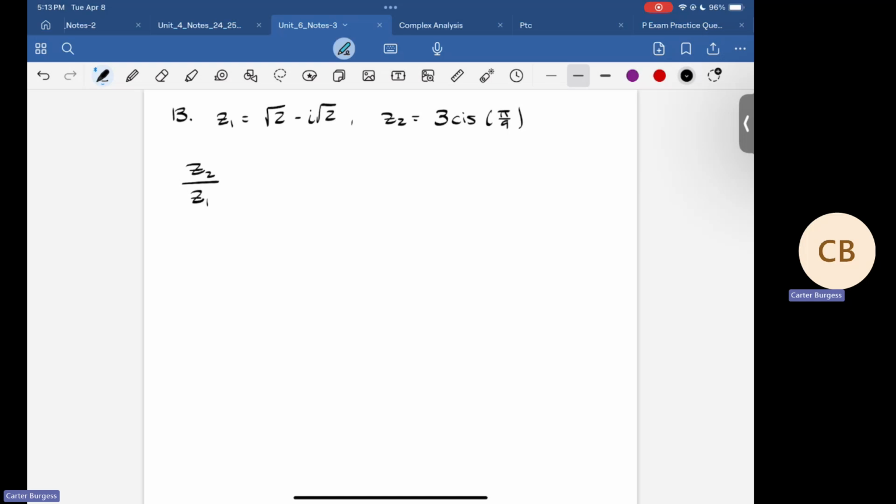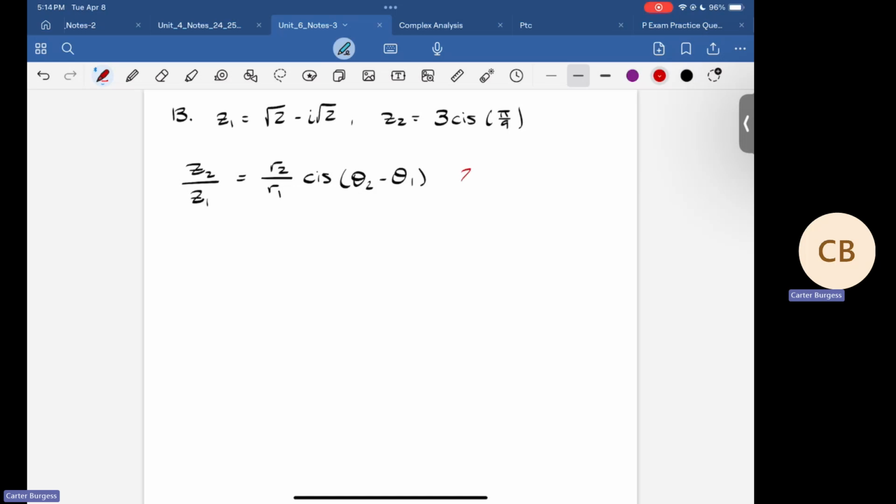Now for this, we're going to take advantage of the fact that multiplying and dividing complex numbers in their polar form is significantly easier than it would be in their rectangular forms. When we are dividing two complex numbers, we divide the r's, r2 over r1, times the cis of theta 2 minus theta 1.